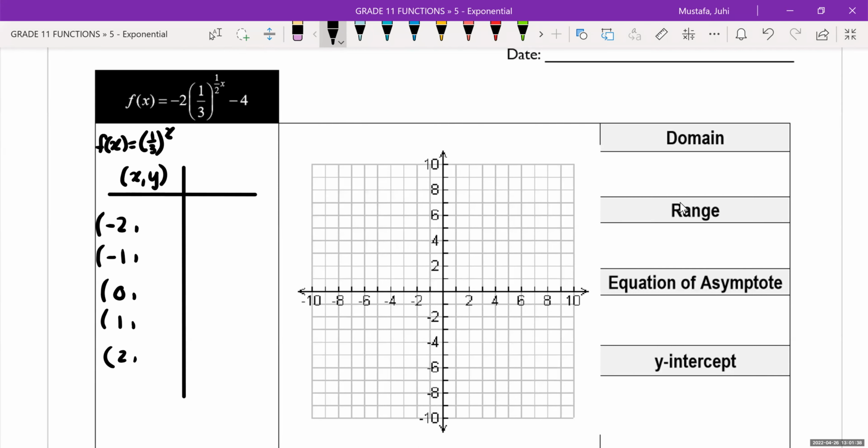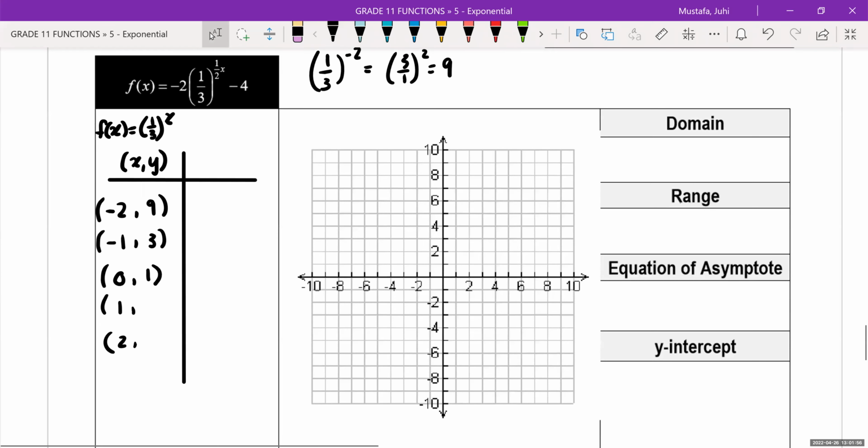So 1/3 to the power of -2 is the same as 3/1 squared, which is just going to be a 9. That was easy. 1/3 to the power of -1 will just be a 3. 1/3 to the power of 0 will just be a 1. 1/3 to the power of 1 is just going to be a third. I guess that's the messy fraction.